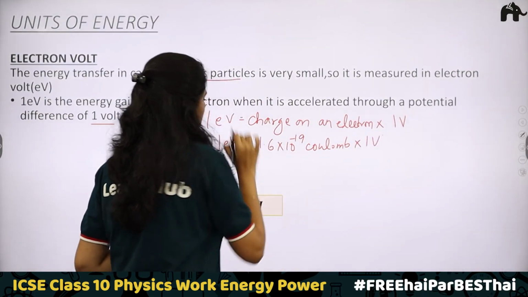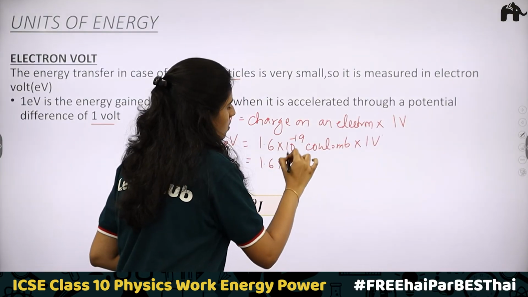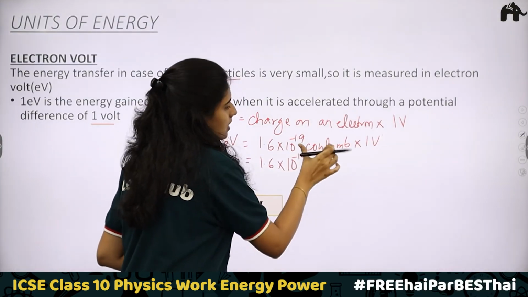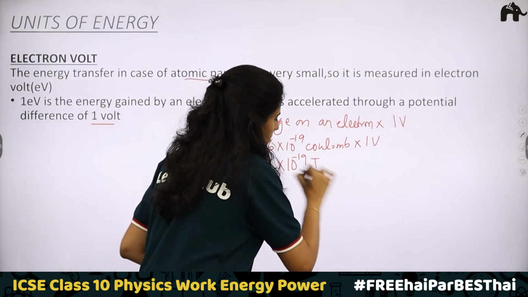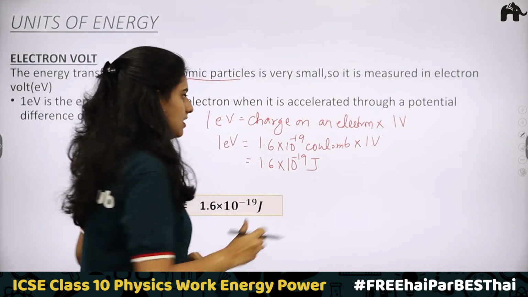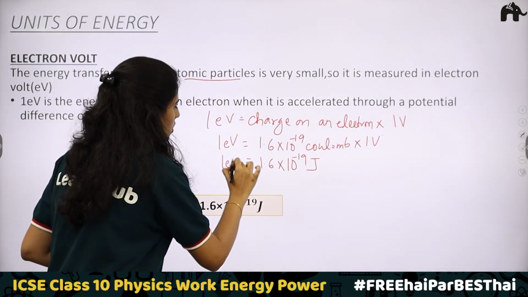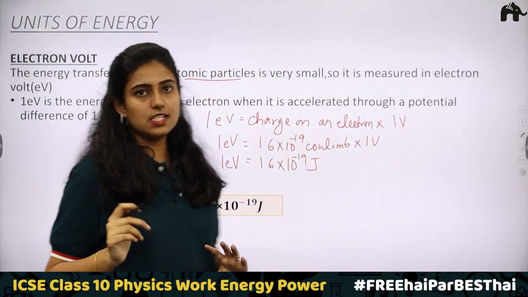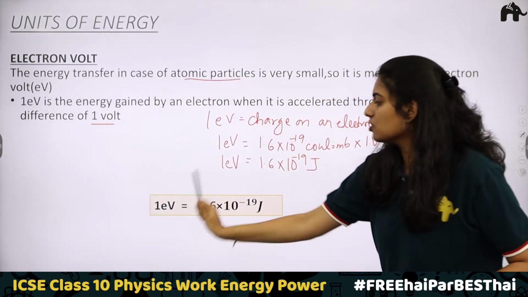This is what 1 electron volt is. That is 1.6 into 10 raised to minus 19 coulomb into volt, which will give you joules, since it is energy, that is charge and potential difference. Clear? So 1 electron volt is equal to 1.6 into 10 raised to minus 19 joules. This is the relation between electron volt and joule.